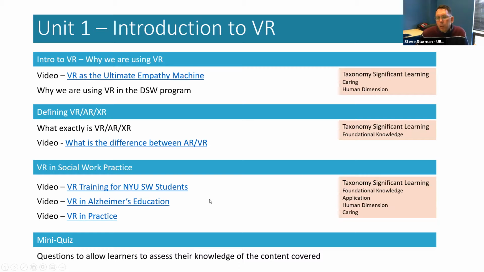So this is unit 1. Once they've gone through these materials, there's just a quick little quiz that helps them understand how well they understood the content, just so that they can do that on their own.